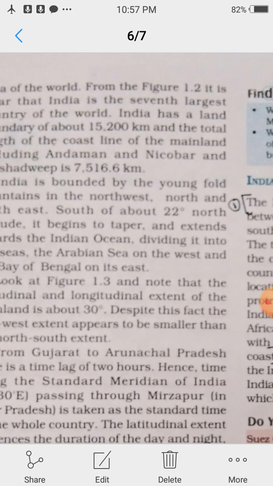This is the coastline of the mainland, which includes these islands, Andaman, Nicobar, and Lakshadweep also.